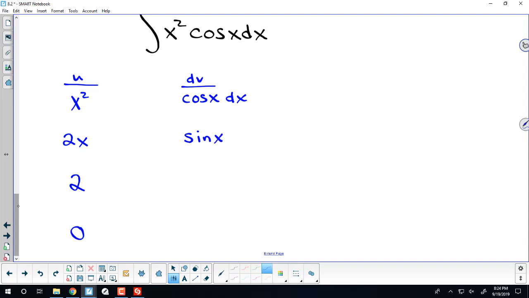Antiderivative of sine is minus cosine, and then the antiderivative of that is minus sine. So here we're going to stop when we reach 0, because the way we piece this together matters.